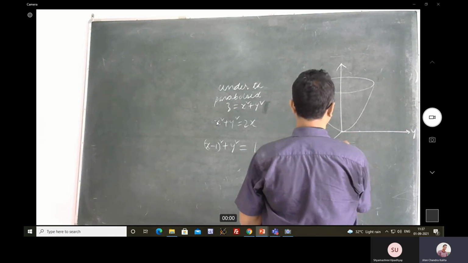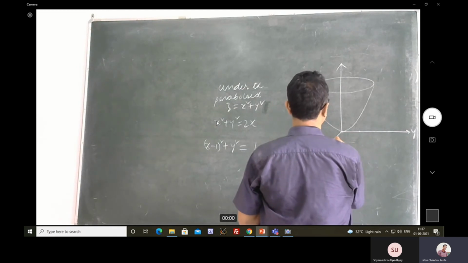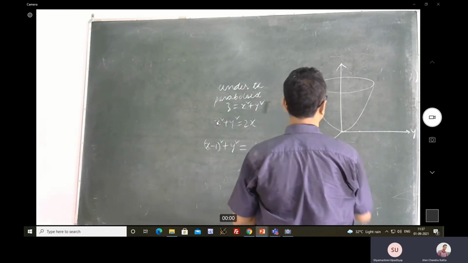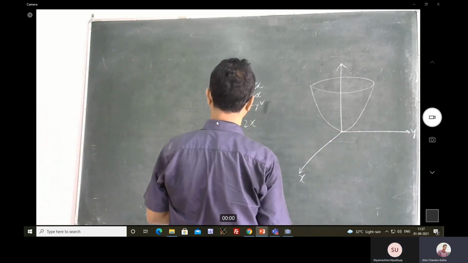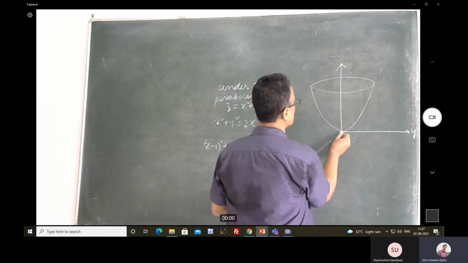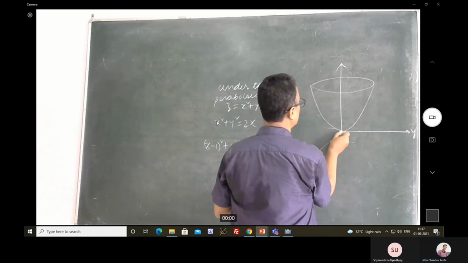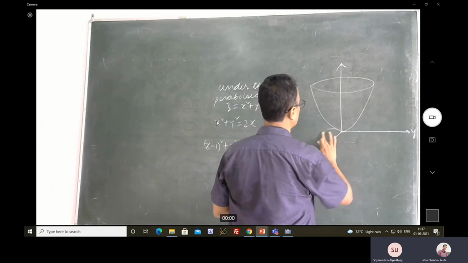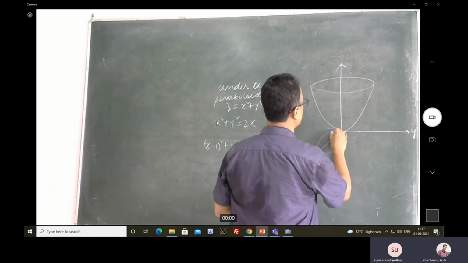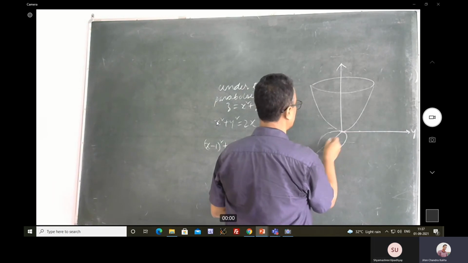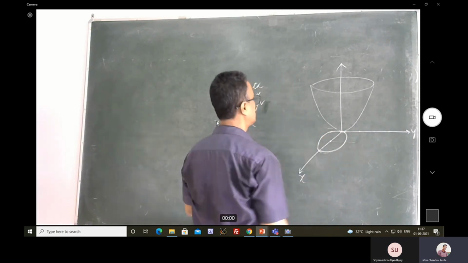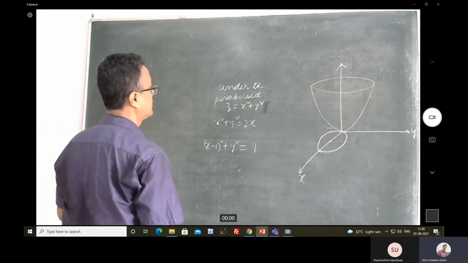So this is centered at (1, 0), and the radius is 1. It's going to be something like this.